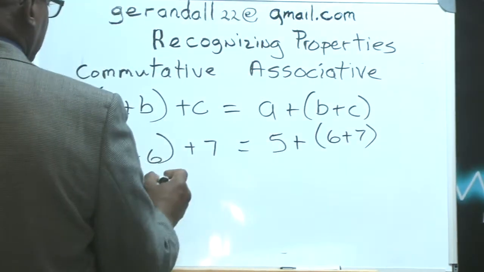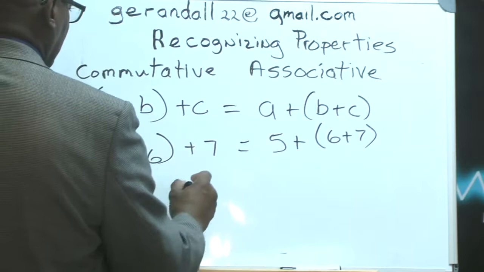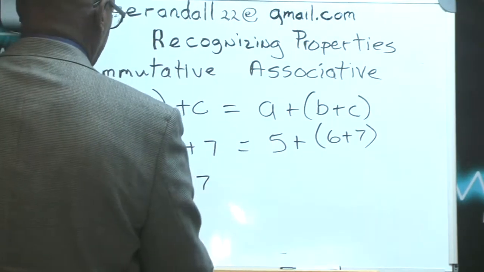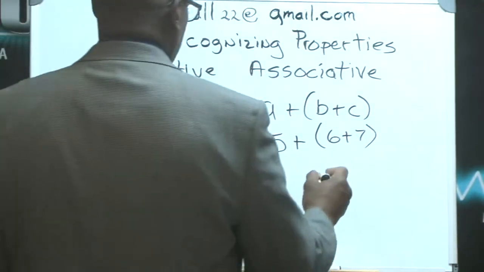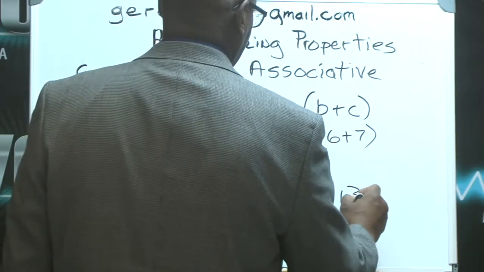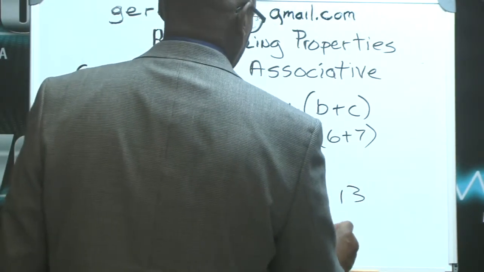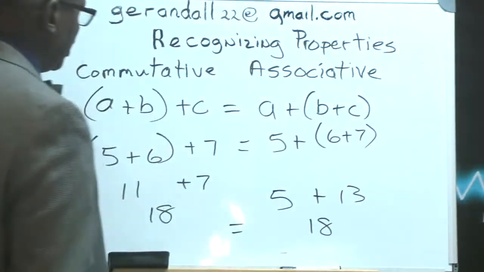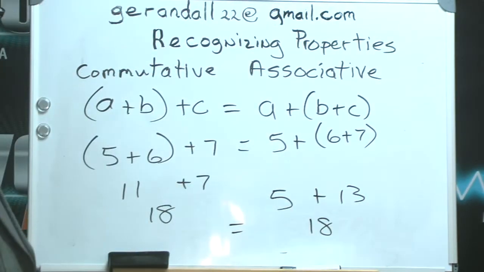So 5 plus 6 equals 11, plus 7 is 18. And over here we have 5 plus 13, and that equals 18. That's associative property of addition.